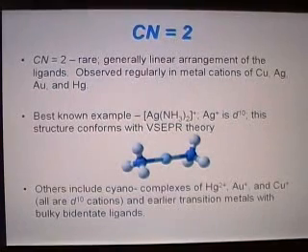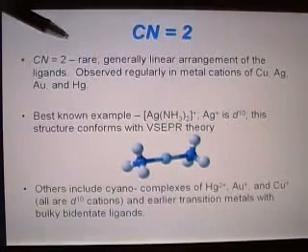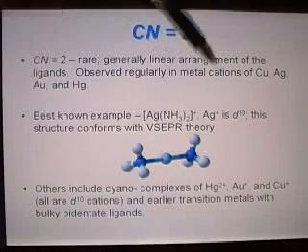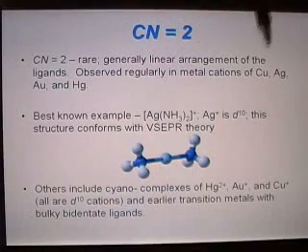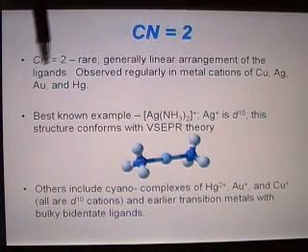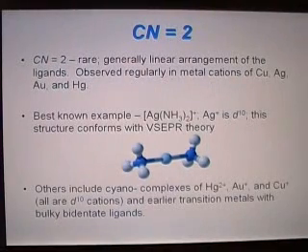Coordination number 2 is also rare, but you do see them. You generally get a linear arrangement of the ligands around the metal cation. Coordination number 2 is observed in copper 2+ and copper+, silver+, gold+, and mercury 2+.